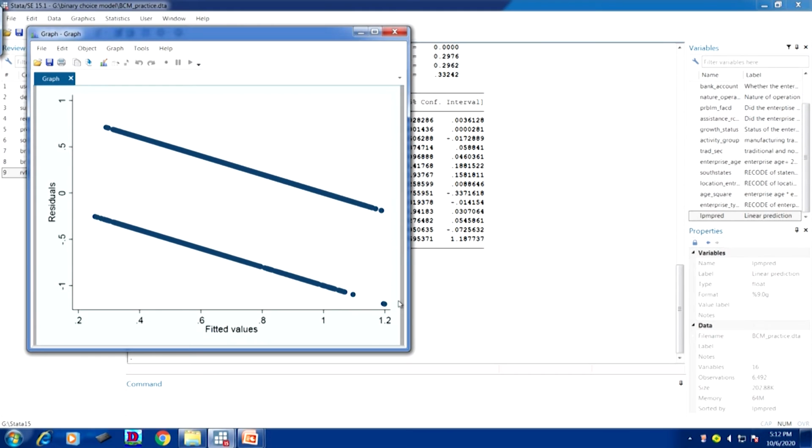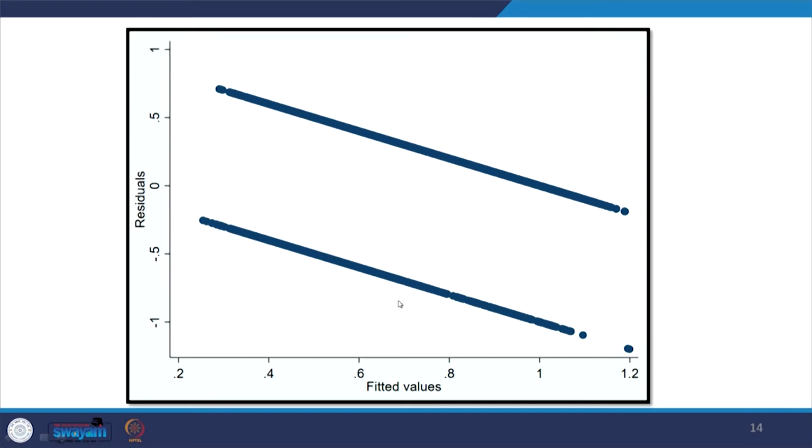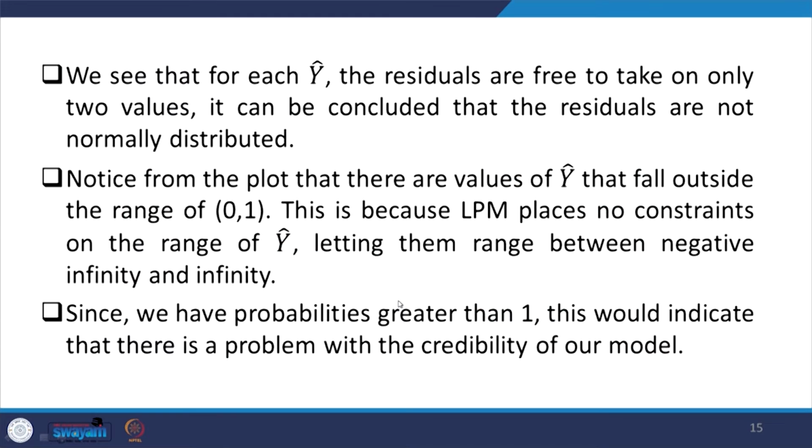So, this is what I wanted to discuss. The RVF plot discusses the residuals, and this is how it looks. We see here that for each y hat the residuals are free to take on only 2 values. It can be concluded that the residuals are not normally distributed, and there are some outliers as well.